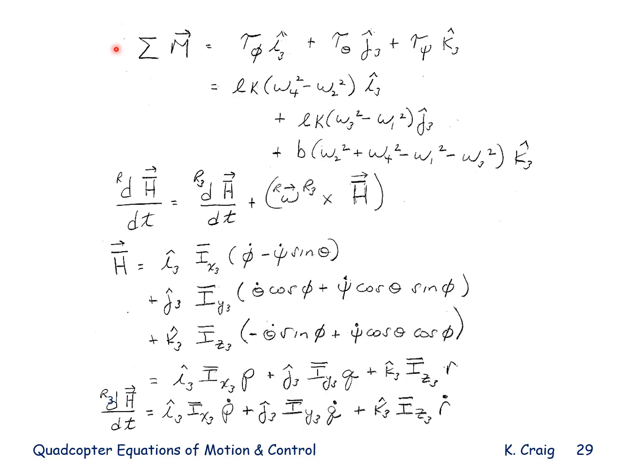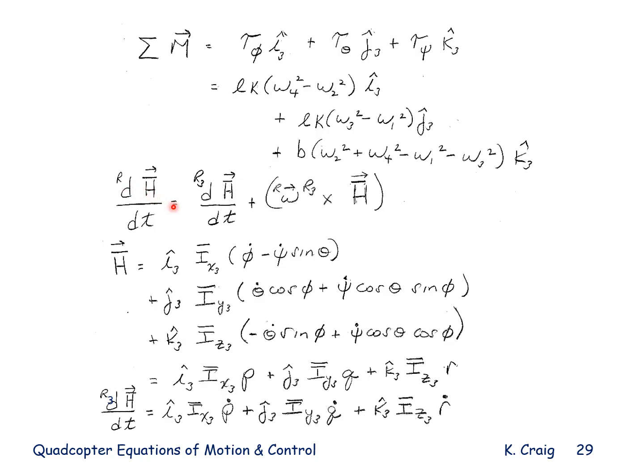To obtain the rotational equations of motion, I need to write an expression for the summation of the external moments acting on the quadcopter. Those moments are moments due to roll, pitch, and yaw. And we've already written expressions for these moments. I need to take the derivative of the absolute angular momentum in the R reference frame.